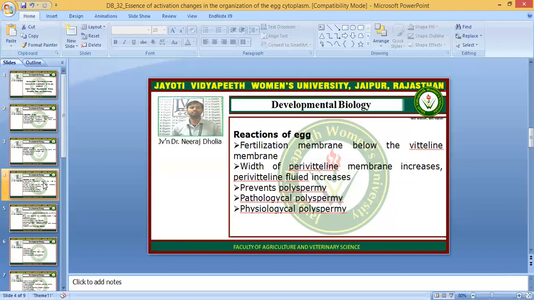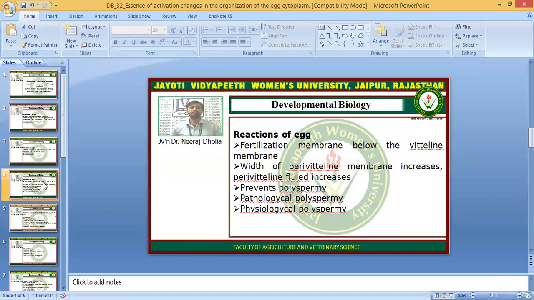Okay, along with the fluid which is present in the perivitelline space, known as the perivitelline fluid, also increases. So the increment of the perivitelline fluid and the perivitelline membrane, that is also known as the fertilization membrane, they prevent the polyspermy in the egg.